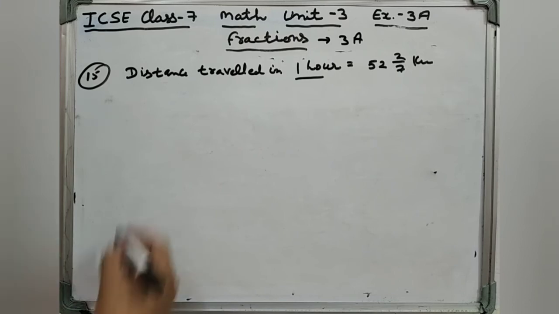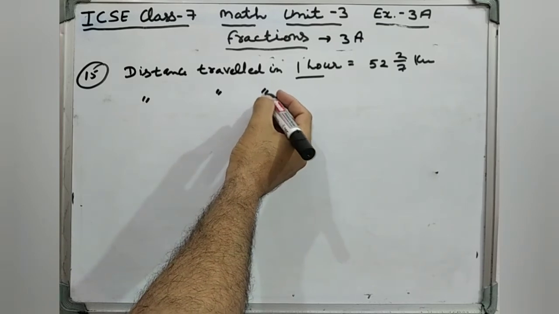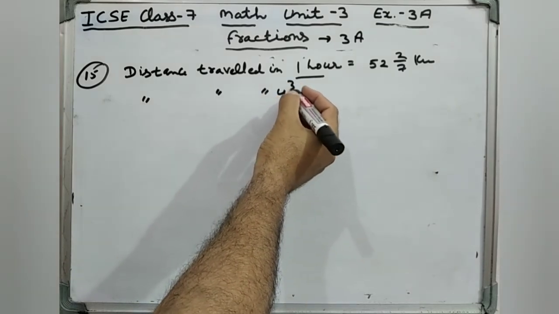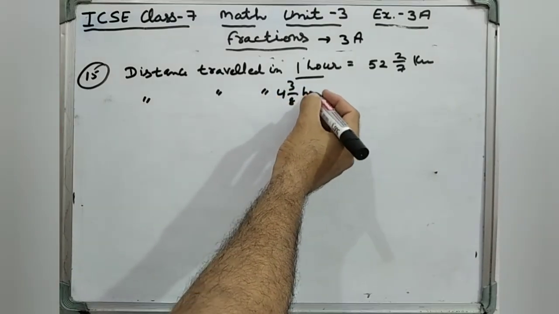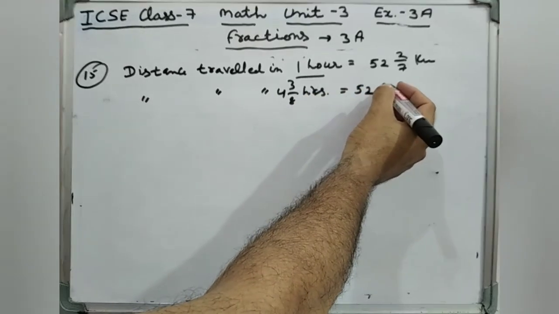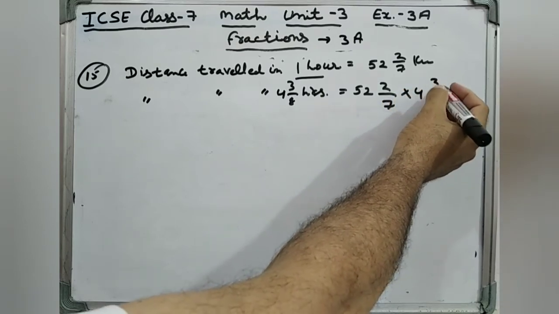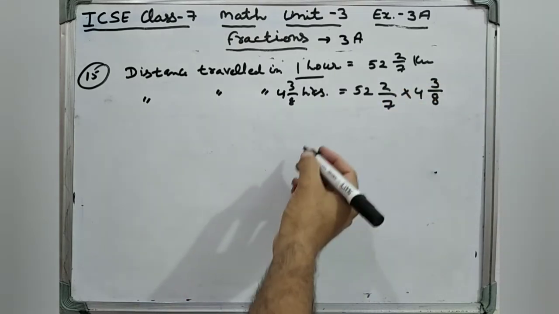Right, now distance traveled in 3 by 8 hours equal to 52 2 by 7 multiplied by 3 upon 8.